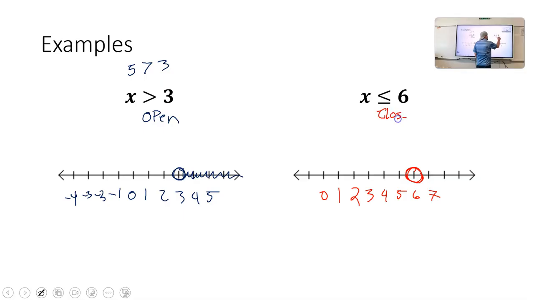That means it is closed, so you are going to fill it in. Now we're going to go to the left or the right. We're going to go to the left. If we want to double check, let's pick any of these numbers. Let's pick 0. Is 0 less than or equal to 6? It is. So we chose the correct way.